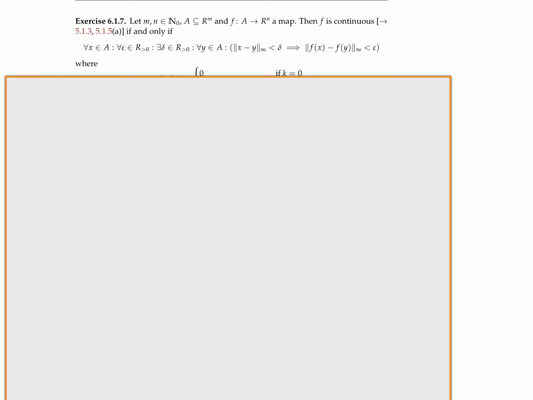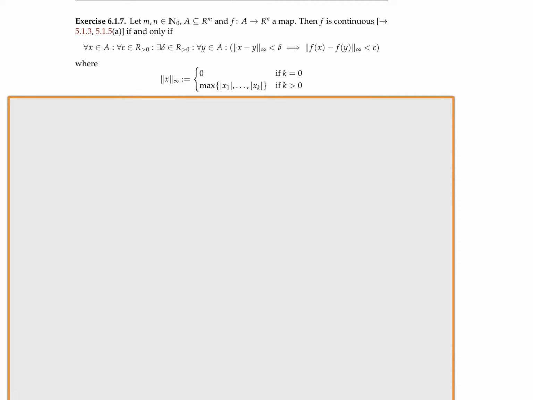If and only if, and now we come to a more traditional way of expressing continuity: for all x in A and for all positive epsilon, which I now take from a real closed field, there exists a positive delta in this real closed field, such that for all y in A, if the infinity norm of x minus y, that's the maximum norm, is less than delta, then the infinity norm of f of x minus f of y is smaller than epsilon.